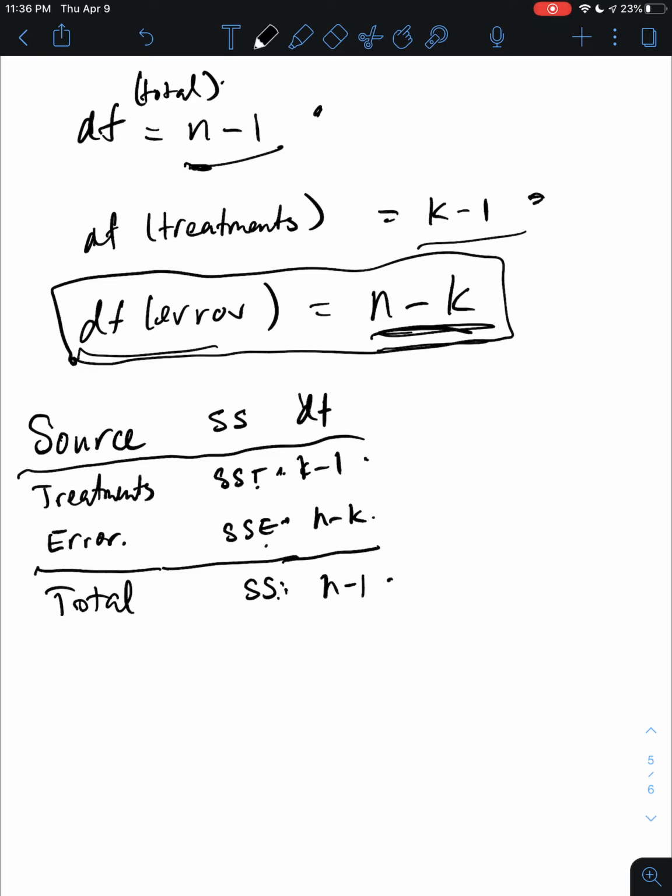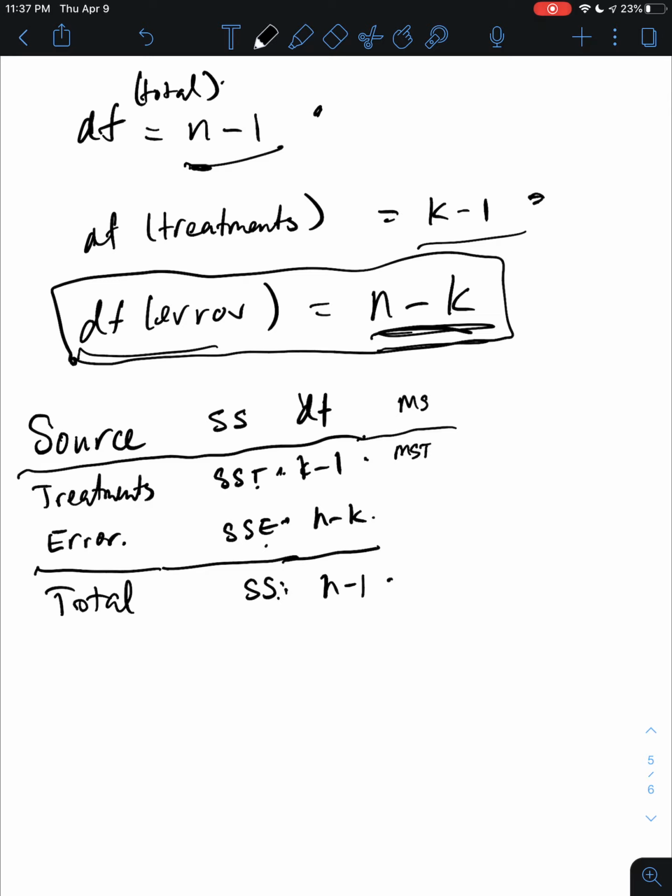Okay, next we're going to calculate the mean sum of squares. And that's where we divide these two.